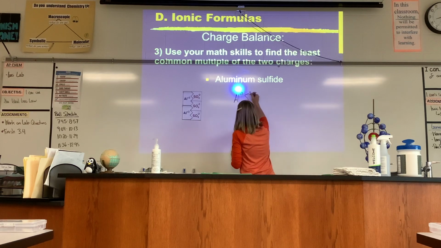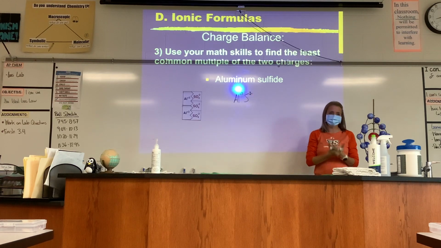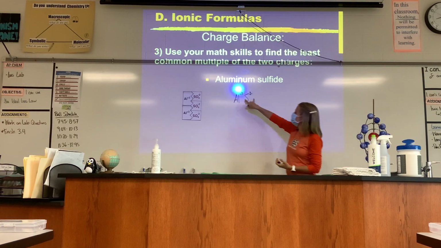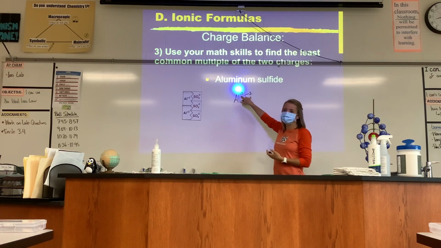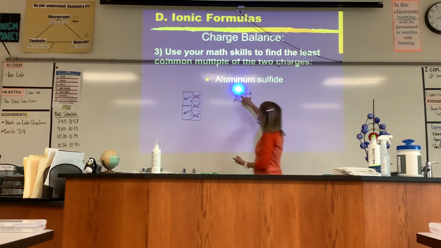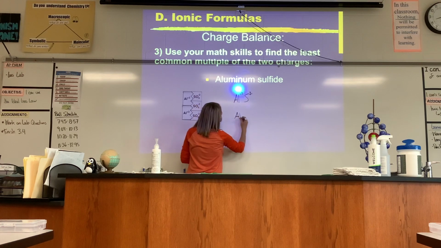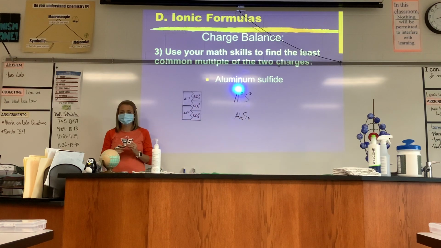Sulfur has a -2 charge. In the end, the charges have to equal 0. So in order for them to equal 0, you need the same amount of positives as you do negatives. The least common multiple between these two would be 6. So to make it 6, we need 2 aluminums and 3 sulfurs. So you can just look at the charges and balance it out that way.